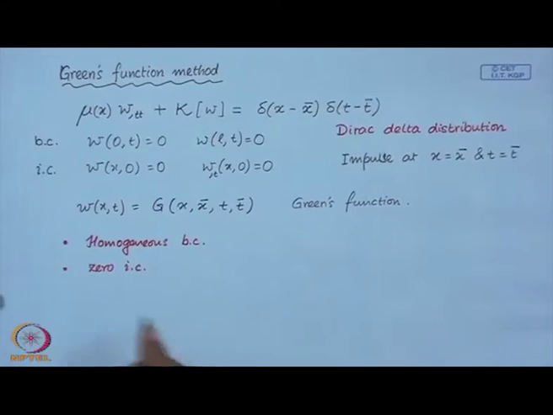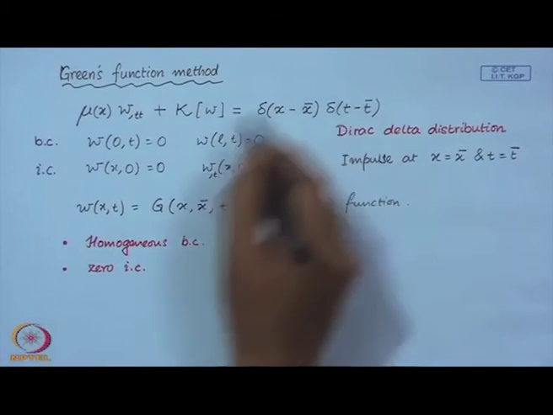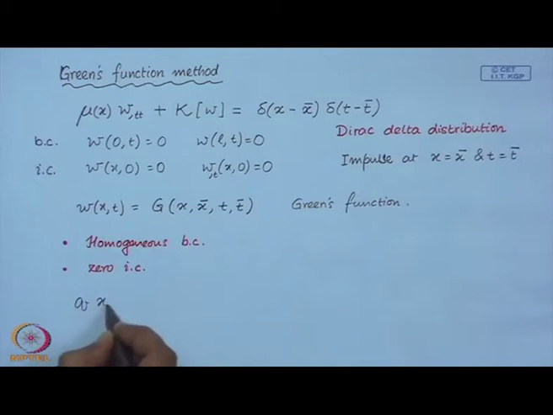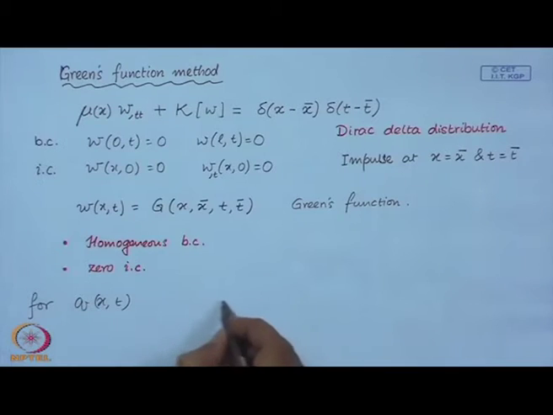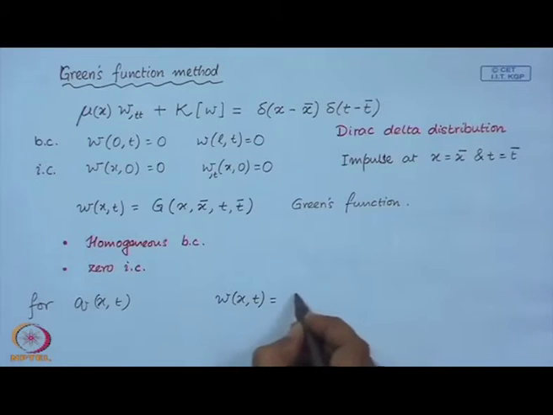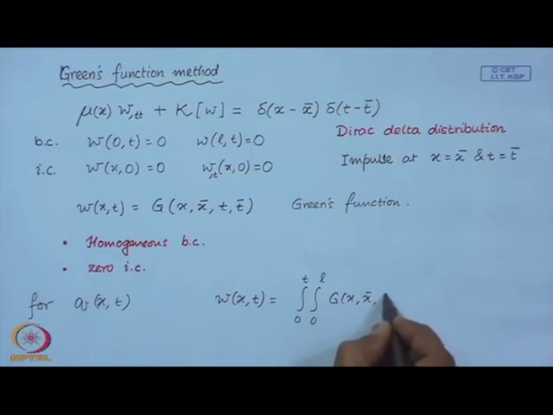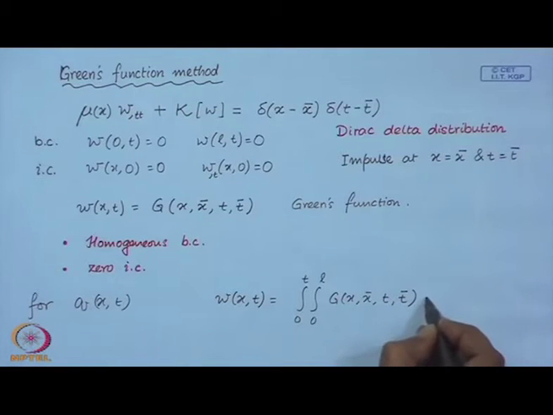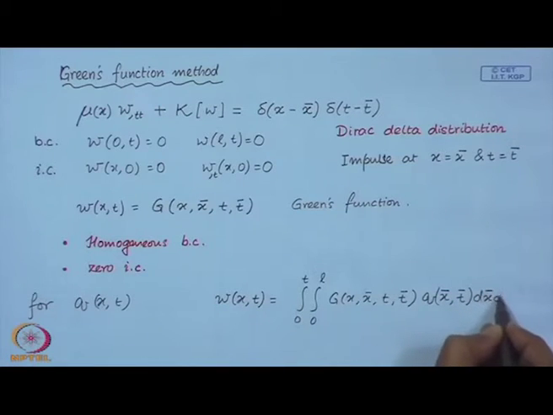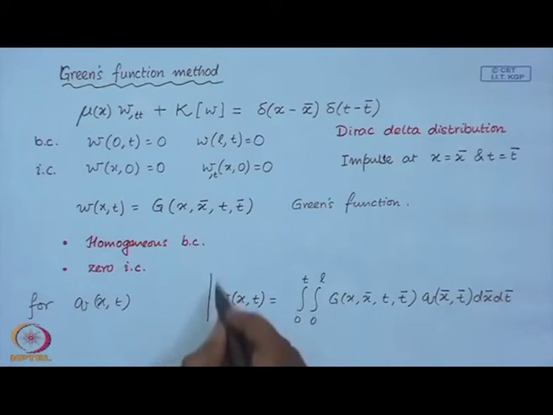So, we claim that for any arbitrary forcing, when we have forcing in the form of q of x comma t, a general forcing, then the solution actually can be obtained in this form.